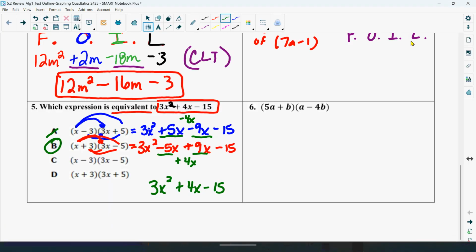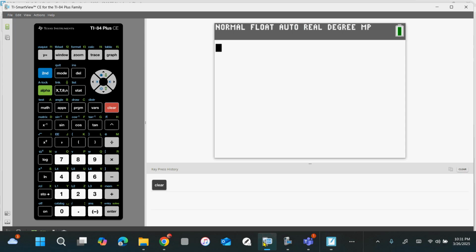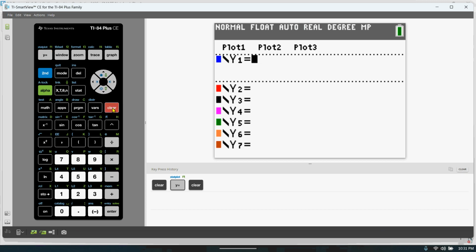So the way you set this up to check is the given expression right here, this 3x squared plus 4x minus 15. This is gonna represent your y1. So we're gonna put that in the calculator as y1. Go to y equals, let me clear this one out.